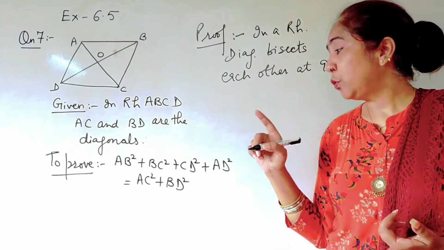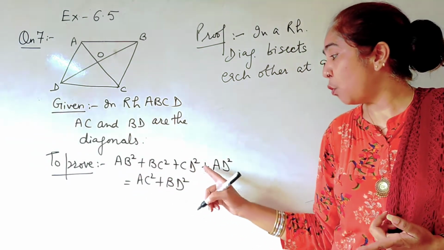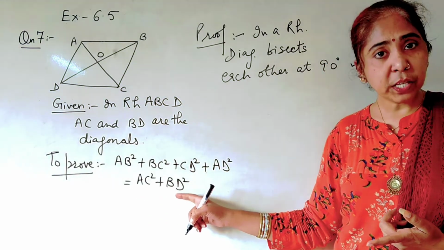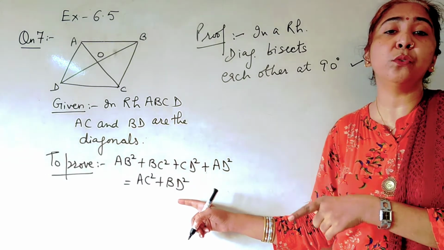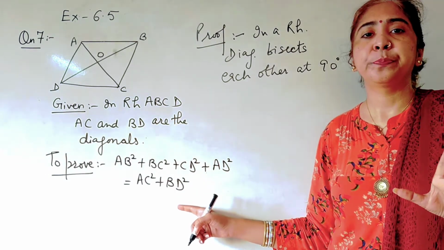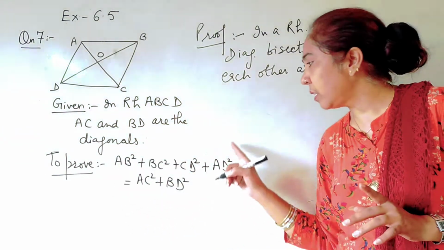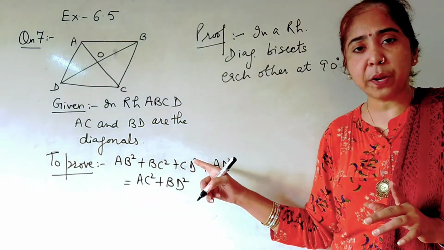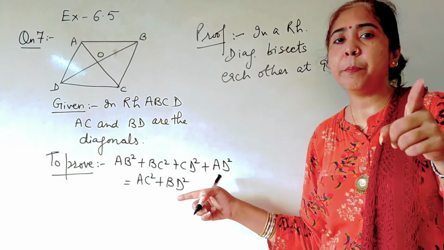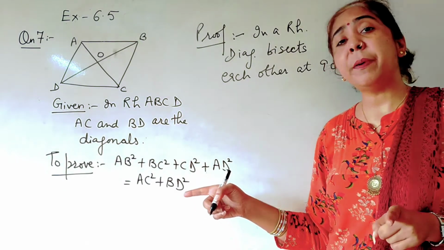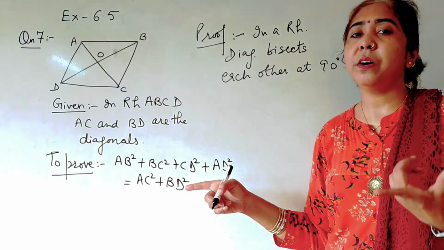And one more thing I want to make clear: whenever you have so many squares in a question, you will have to do the question with the Pythagoras theorem. When you see the question has so many squares, that means you have to apply the Pythagoras theorem. And for applying the Pythagoras theorem, you should have a right angle.